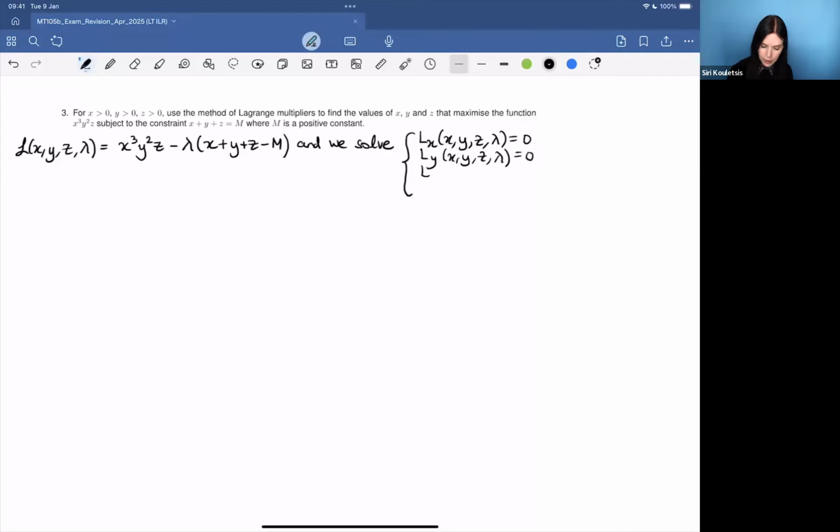We find all the partial first order derivatives of the Lagrangian and set them equal to 0. And of course, in general, these are functions of x, y, z, and lambda. So in other words, what we're doing is we are finding critical points of the Lagrangian.